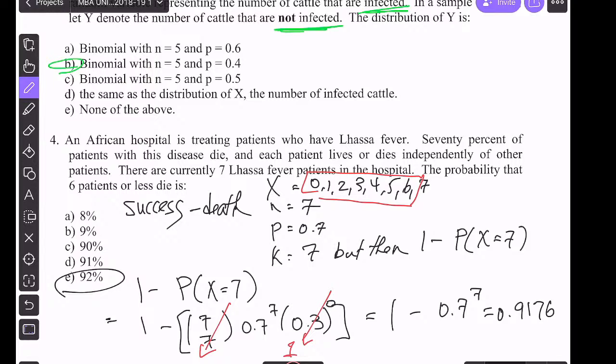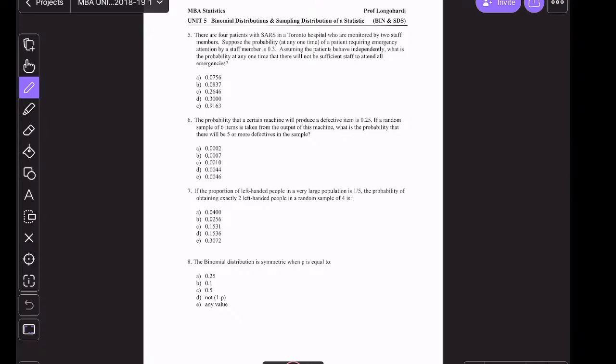One more and then we're gonna go. Do the next one, number 5. So you need to practice the homework after we do this one.